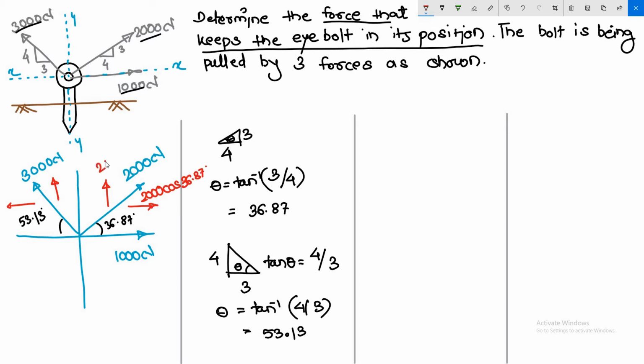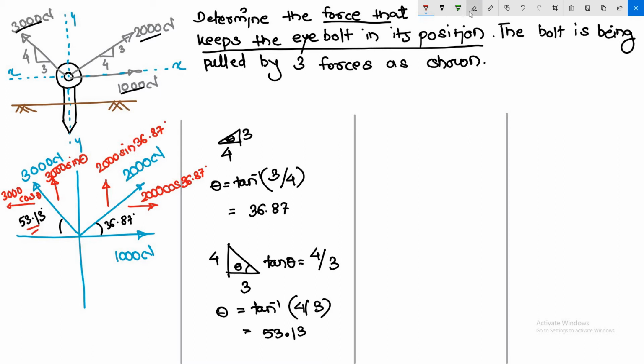This is going to be 2000 sine of 36.87 degrees. Then this is going to be 3000 cos theta, where theta means 53.13, and this one is going to be 3000 sine of theta, where theta is 53.13.